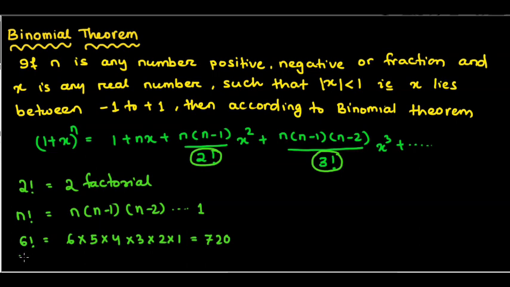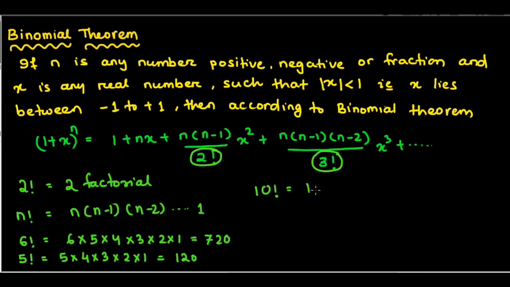Similarly, what is 5 factorial? Start from 5 and then keep on multiplying all the numbers from 5 up to 1. So that will be 5 into 4 into 3 into 2 into 1, and the answer will be 120. Similarly, what is 10 factorial?